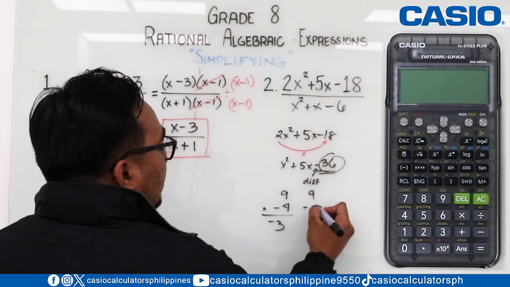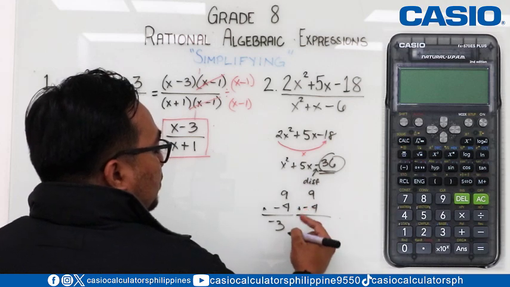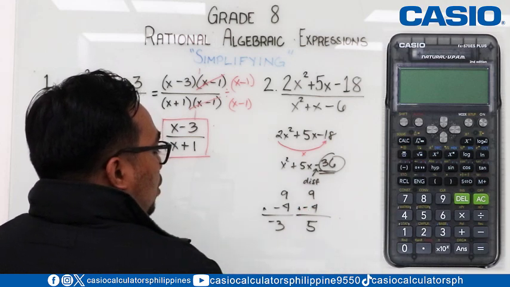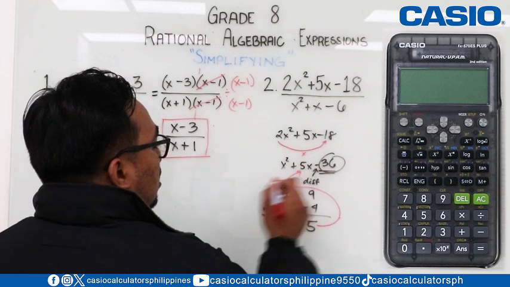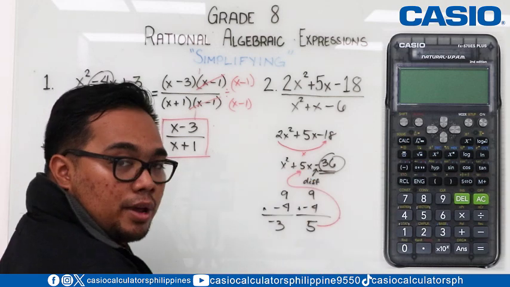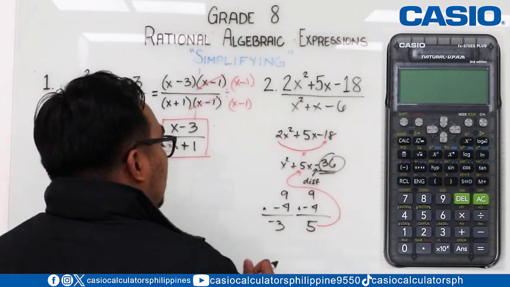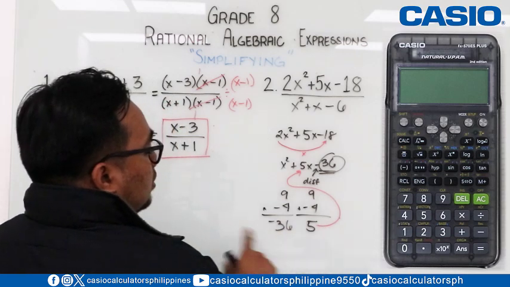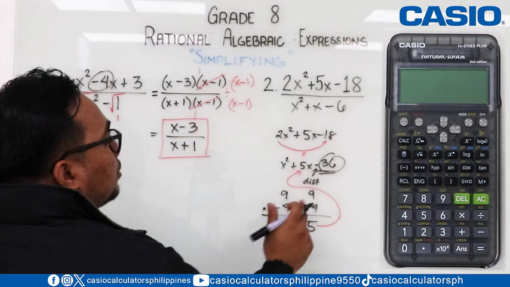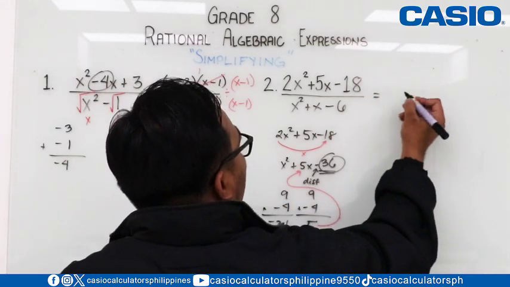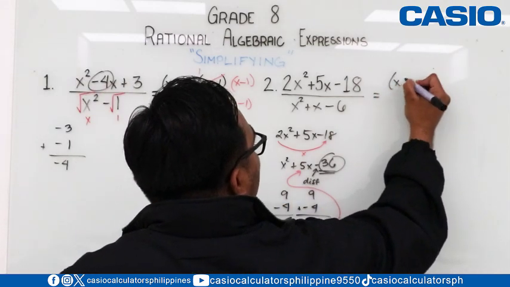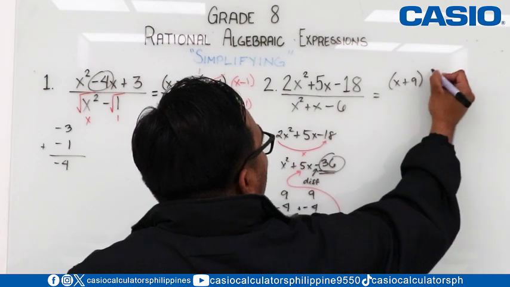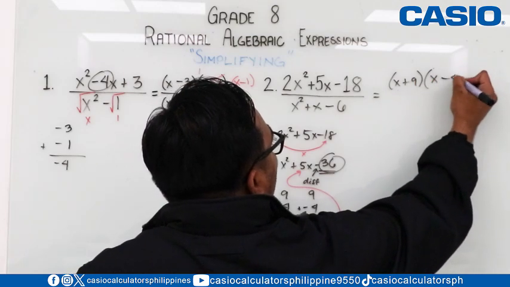But if we add 9 and negative 4, we get positive 5, which is the numerical coefficient of the middle term. So therefore, the factor of the numerator is simply x plus 9 times x minus 4.